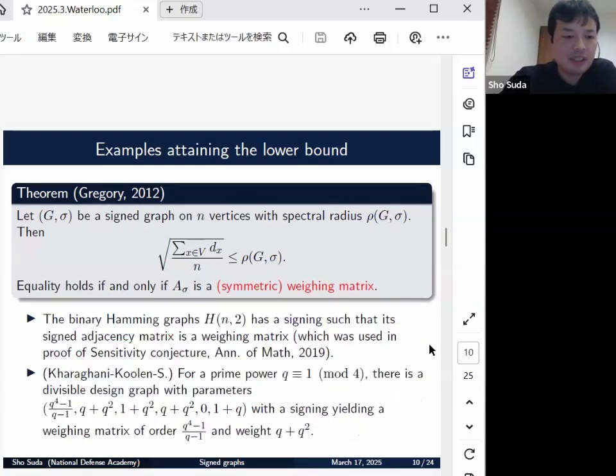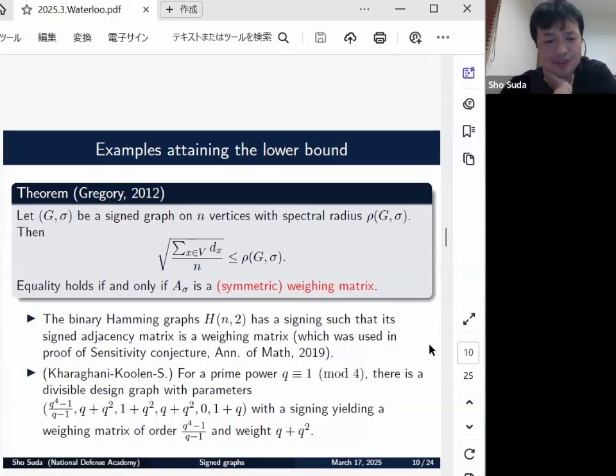Also, two more examples I want to show you. The first one is the signing for binary Hamming graphs, which is just the hypercube. This graph has a signing such that its signed adjacency matrix becomes a Wang matrix. And as you know, this signing was used in the proof of the famous sensitivity conjecture.